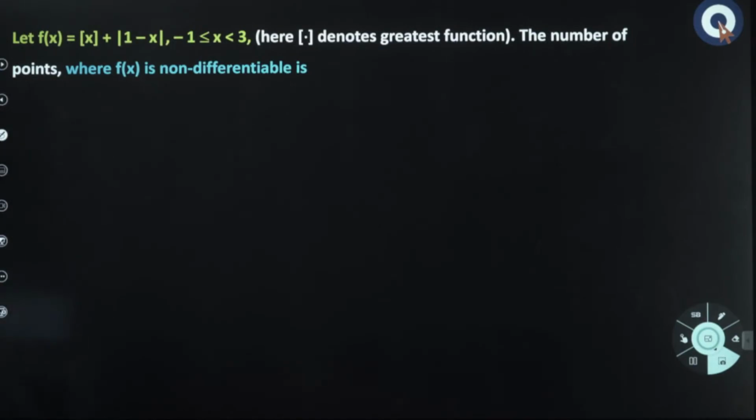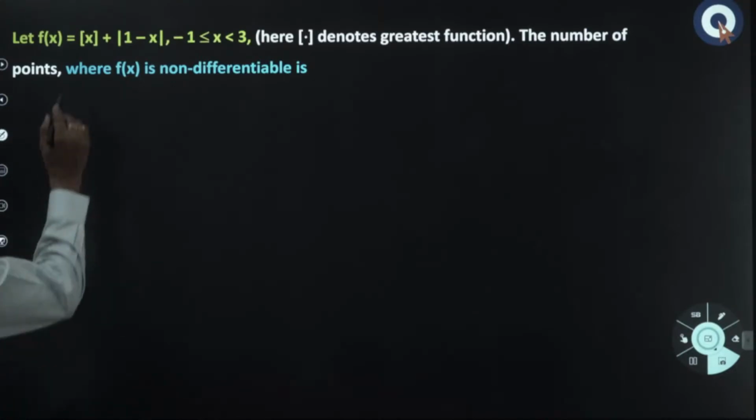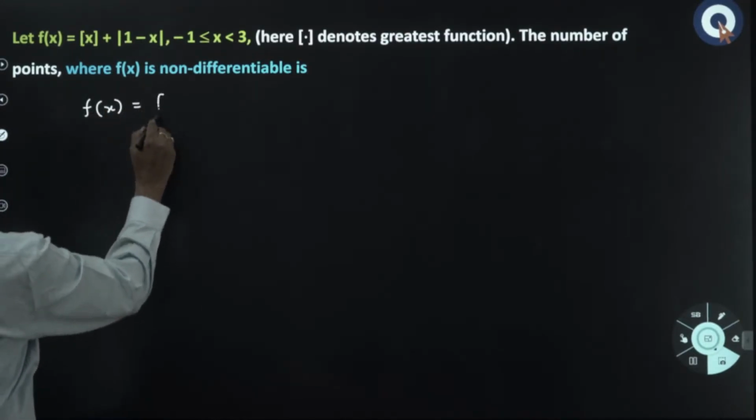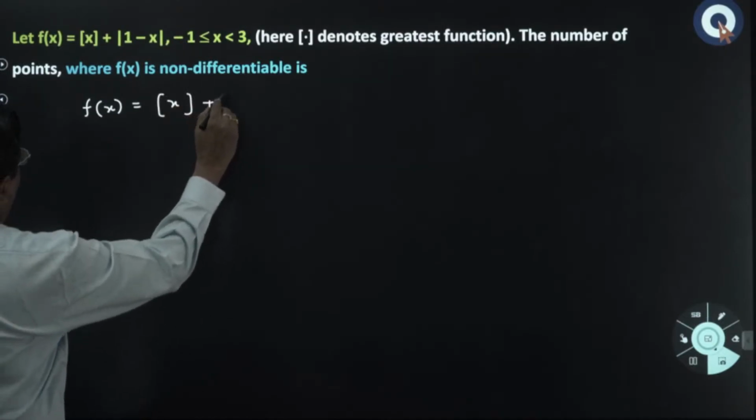Let f(x) = [x] + |1 − x|, for −1 ≤ x < 3. Find the number of points where f(x) is non-differentiable. So let us rewrite the problem. f(x) = step x plus mod of 1 minus x.